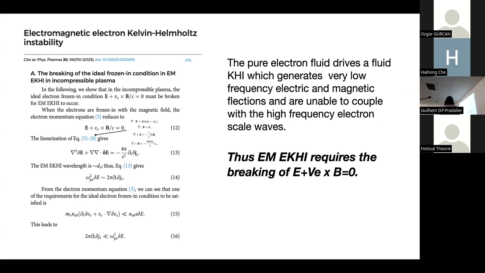However, from the electron momentum equation, we can see that one of the requirements for the ideal electron frozen-in condition to be satisfied is that the inertial term be much smaller than the electric term.